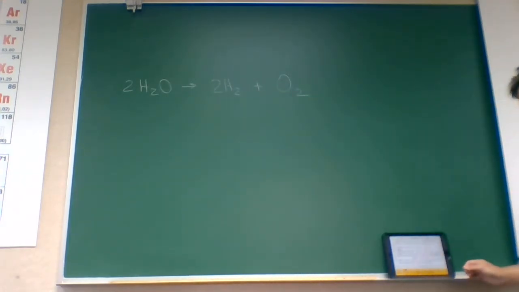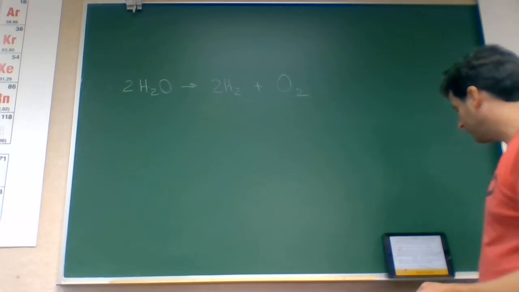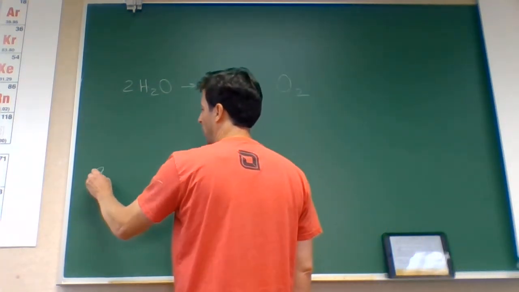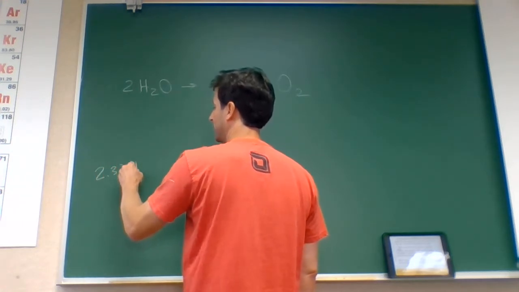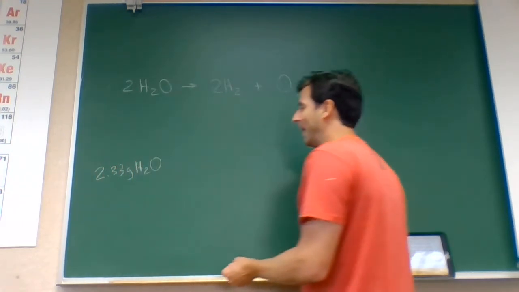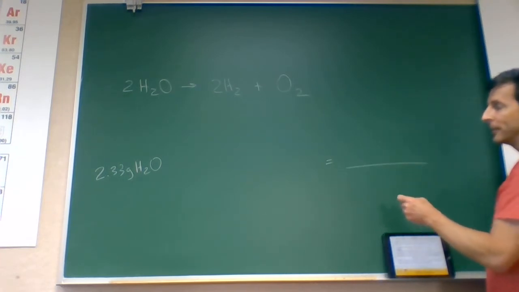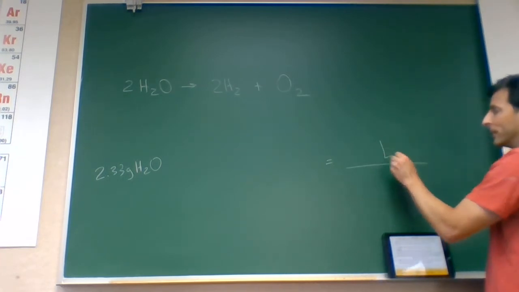Okay, so they say what volume of oxygen at 754 torr and 40 degrees Celsius does a decomposition of 2.33 grams of water produce? So I'm starting with 2.33 grams of water, and I want to finish with the liters of O2.